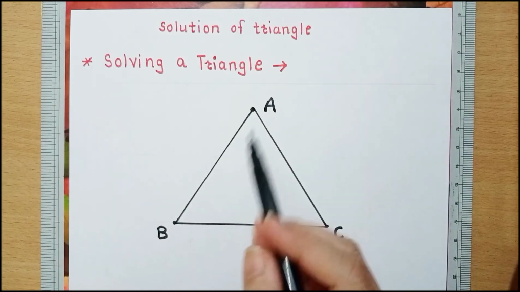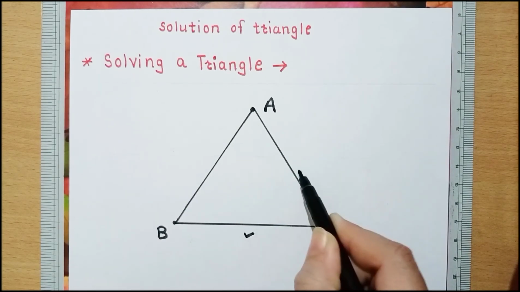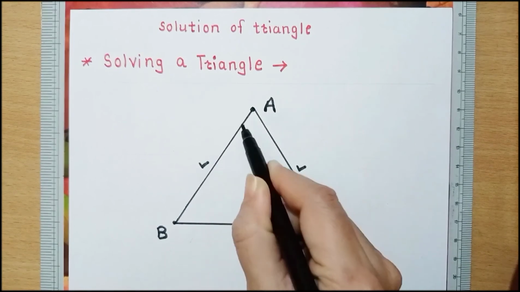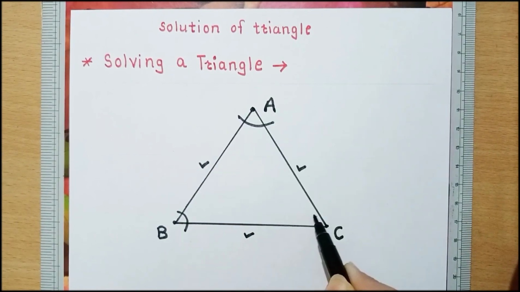We can understand that in a triangle there are these three sides and these three angles. That means in total there are 6 elements.